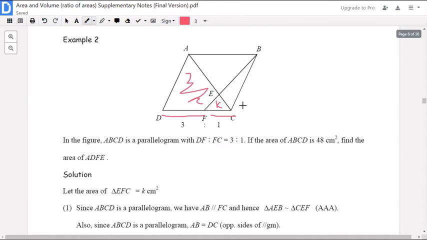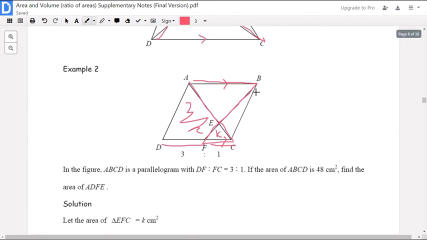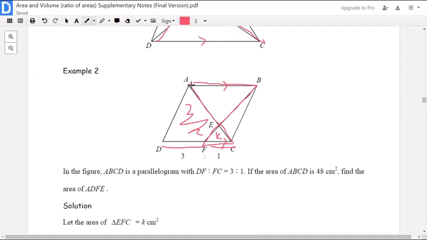Now, because ABCD is a parallelogram, these two lines must be parallel, right? And therefore, you can prove that triangle AEB is similar to triangle CEF. And we know that the opposite sides of a parallelogram must be the same.